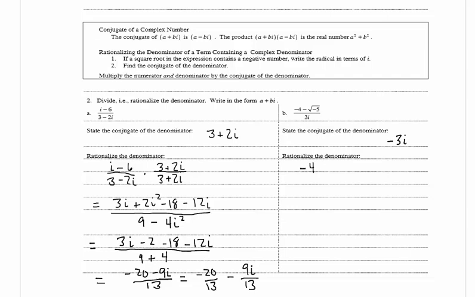So we have negative 4 minus, and we can rewrite the square root of negative 5 as i times the square root of 5 divided by 3i times negative 3i divided by negative 3i.